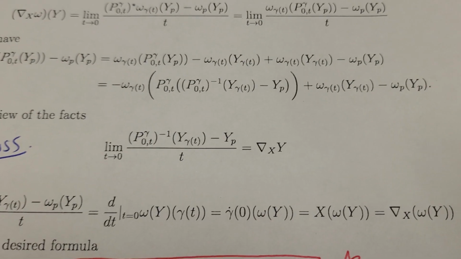All right, so you can pause the video. I have that already because we've been given a linear connection on the tangent bundle. So now we're going to rewrite this difference quotient that we've used to define the covariant derivative of a covector field. We're going to do some algebra and rewrite this difference quotient such that it mimics the form of the difference quotient for the covariant derivative of a vector field.